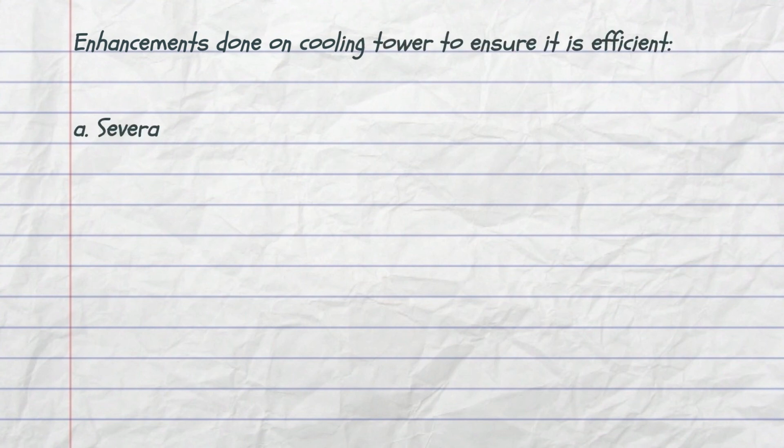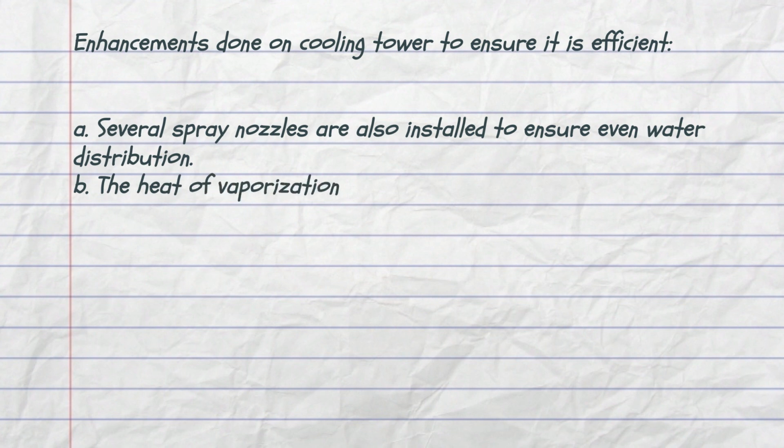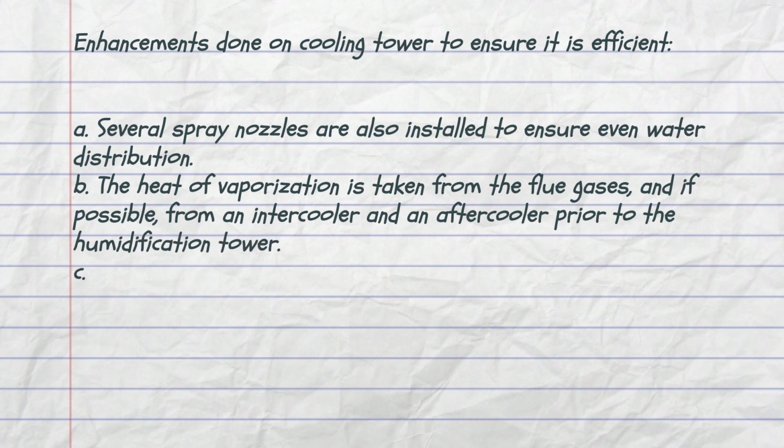Various enhancements were done on the cooling tower so that it works efficiently. Several spray nozzles were installed to ensure that there was an even water distribution. The heat of vaporization was taken from the flue gases and, if possible, from an intercooler and aftercooler prior to the humidification tower.